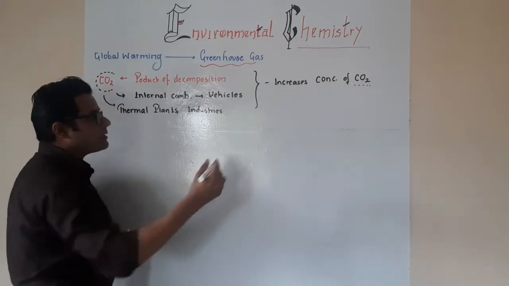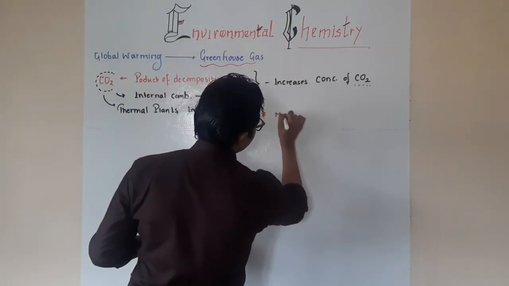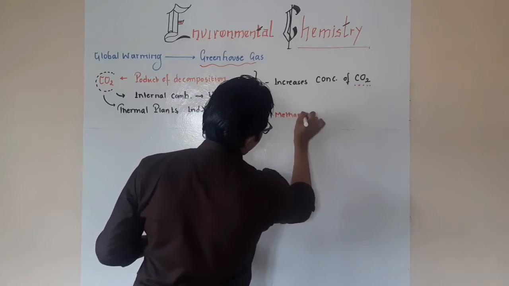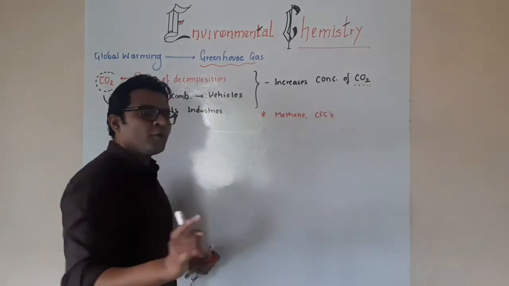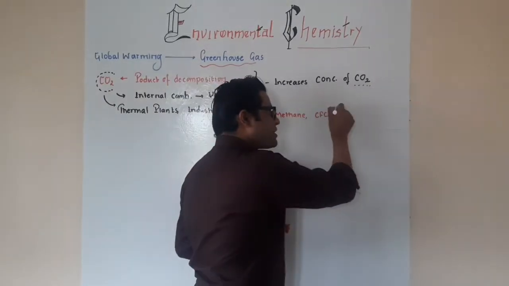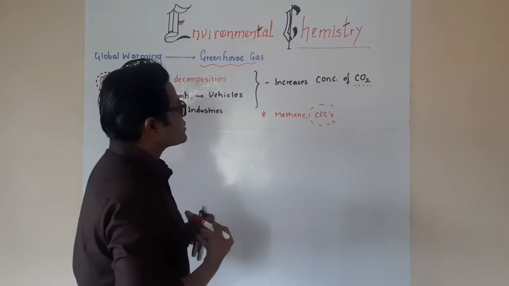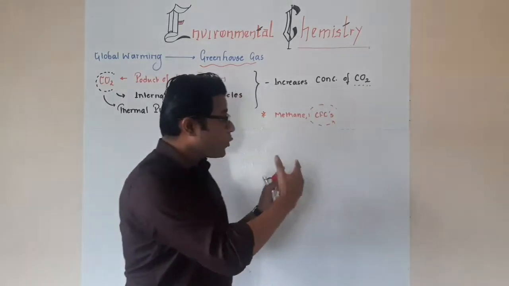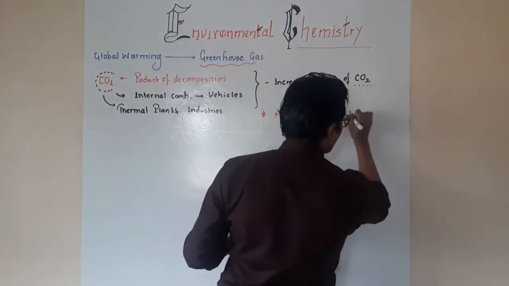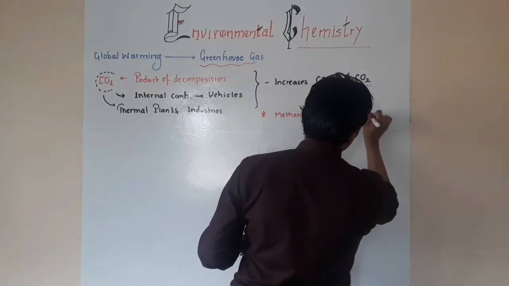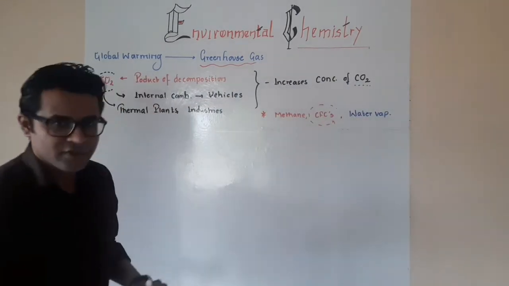There are other greenhouse gases such as methane. There are CFCs, that is chlorofluorocarbons. We are going to speak about this further in this topic. So we have methane, chlorofluorocarbons, and water vapors. Even they act as greenhouse gases.